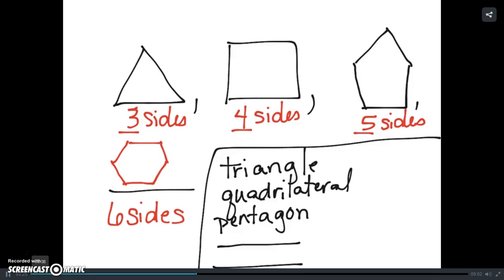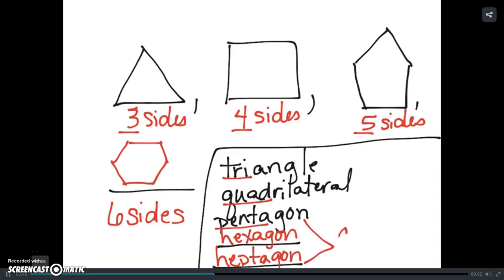And so your conjecture, again, is going to be what the next shape is. So again, you would say, okay, this one has 3 sides, this one has 4 sides, this one has 5, so I know my next one has to have 6 sides, and then one after that would have to be 7 sides, because I'm just going up by 1 side each time.